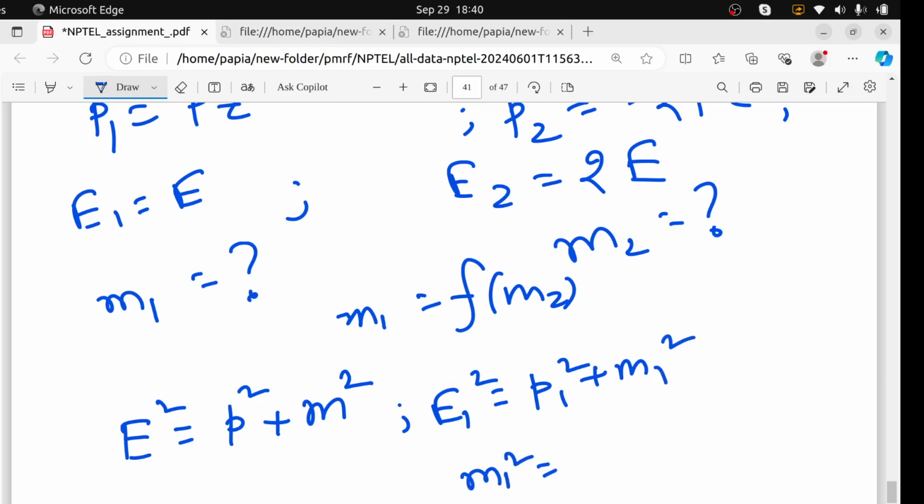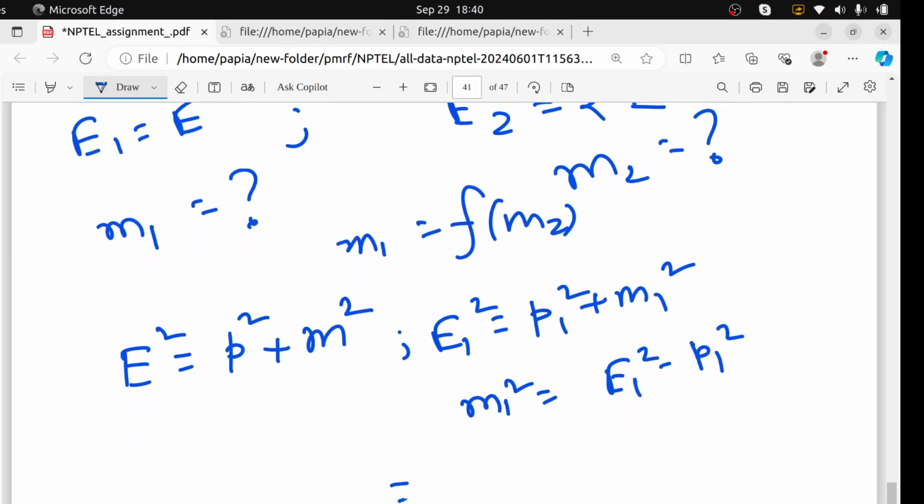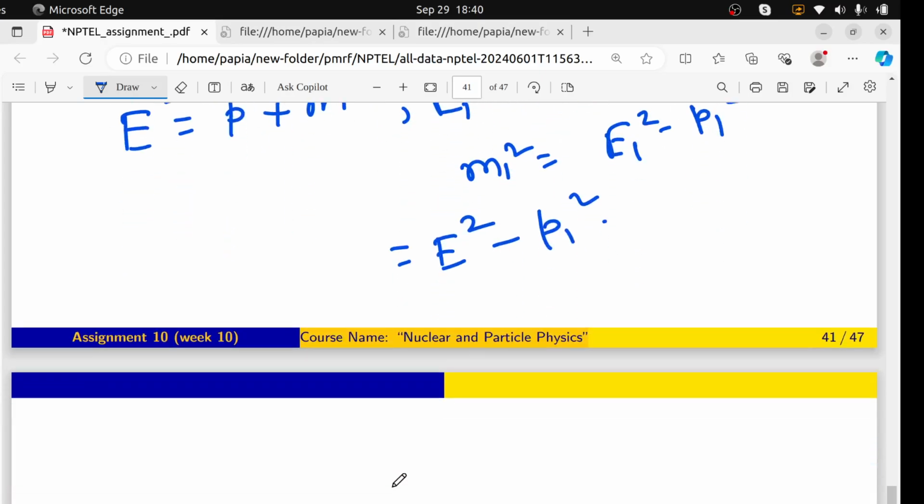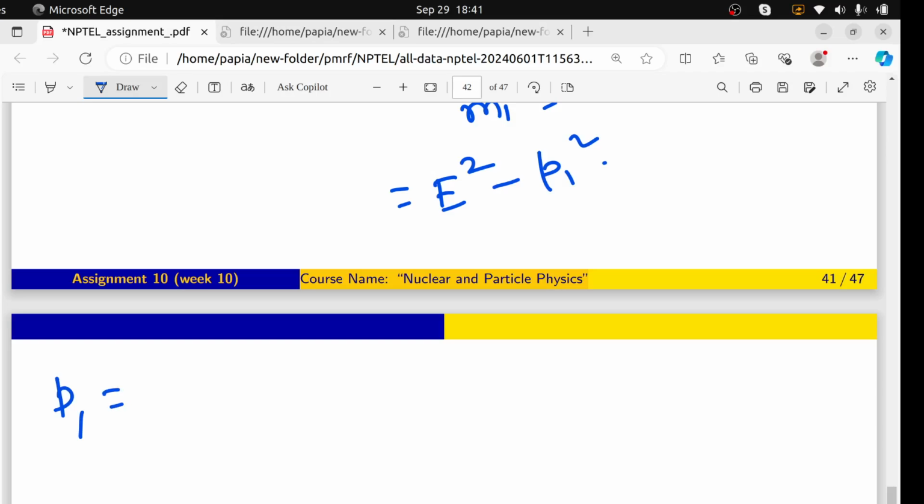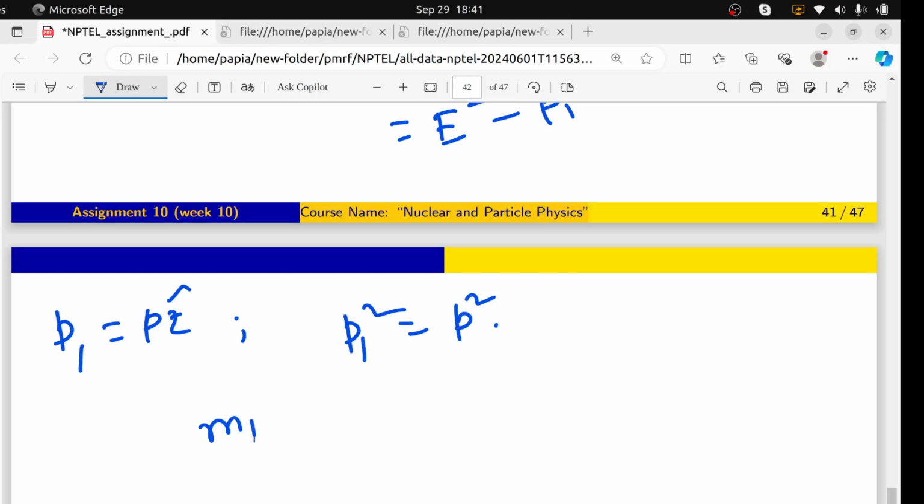Now M1 square will be E1 square minus P1 square, and E1 is E. And P1 square is what? P1 is given as P z cap, so P1 square will give us P square simply. So M1 square will be E square minus P square.